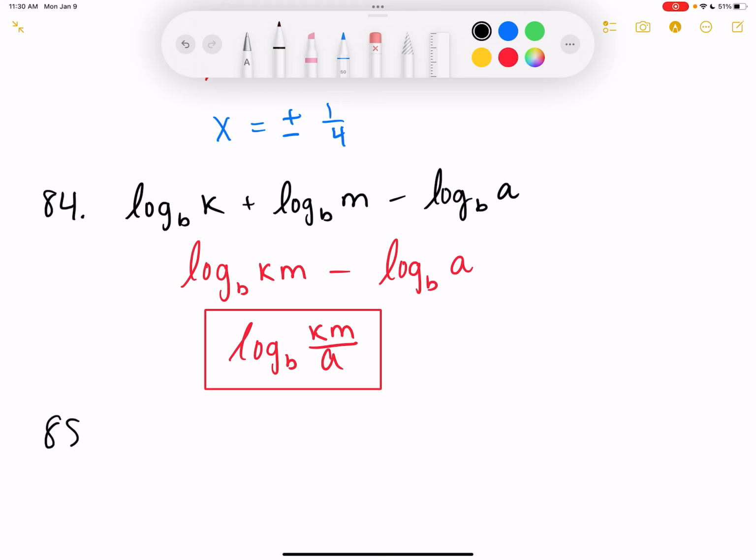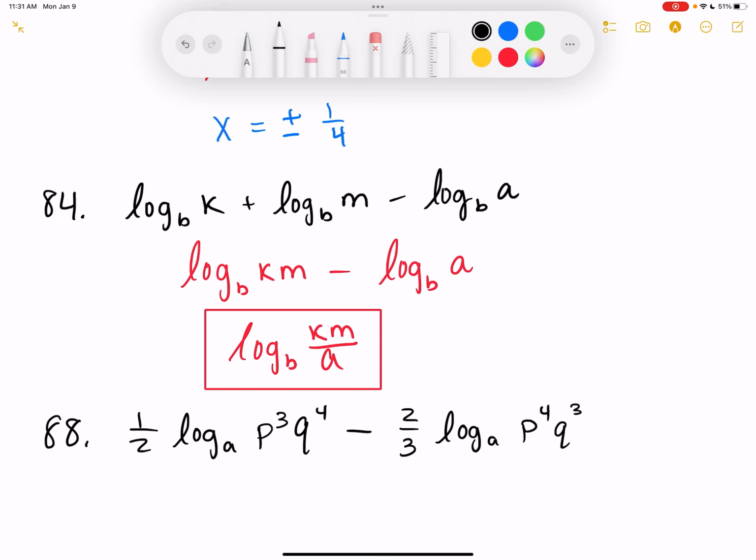With something like 88, 1/2 log base a of p cubed q to the 4th minus 2/3 log base a of p to the 4th q cubed.